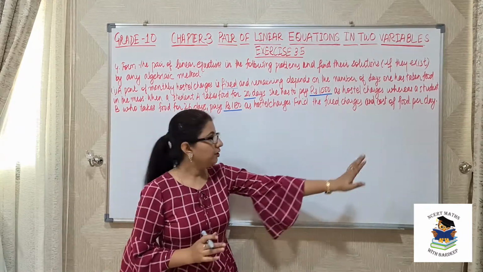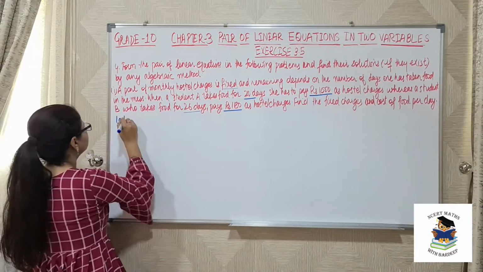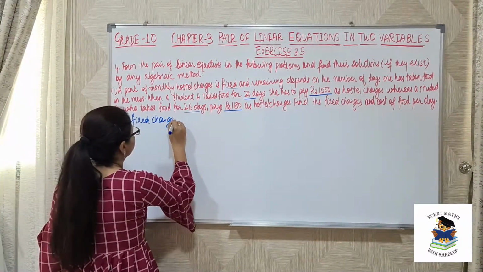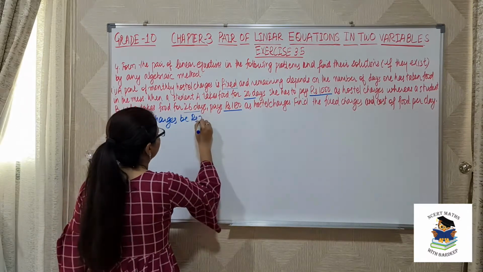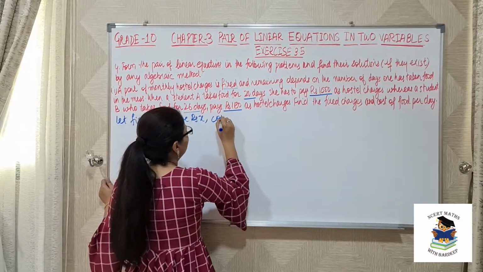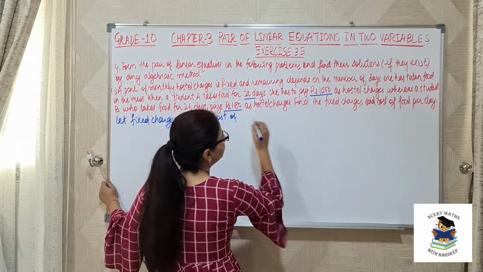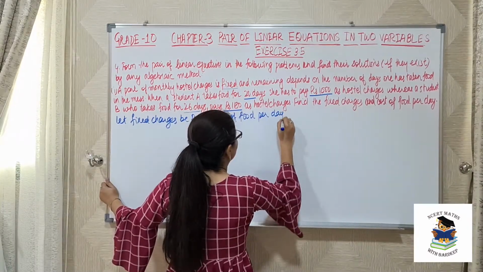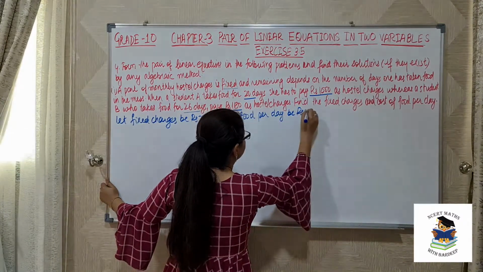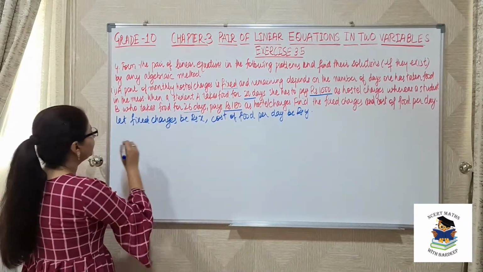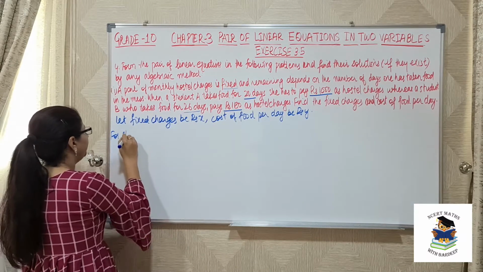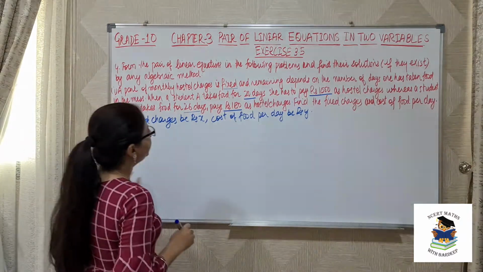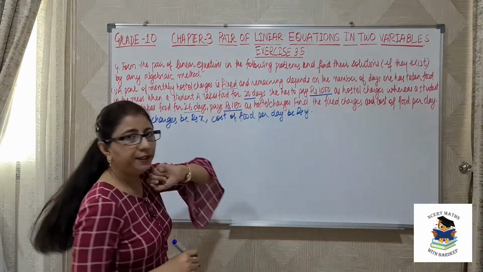So first let's assume these values. Let fixed charges be rupees X and cost of food per day be rupees Y. Okay, so now let's see, that is for student A. Condition is she has taken food for 20 days.